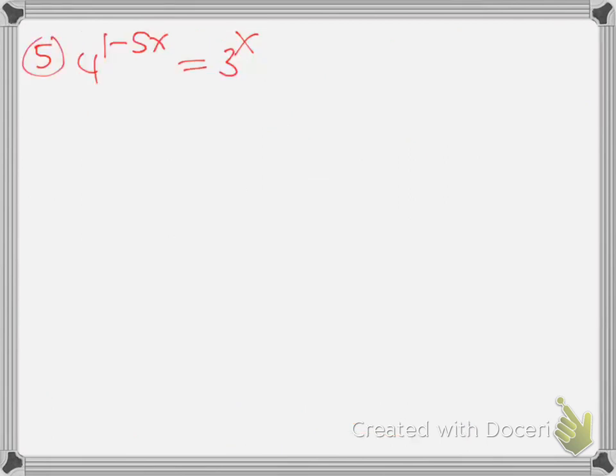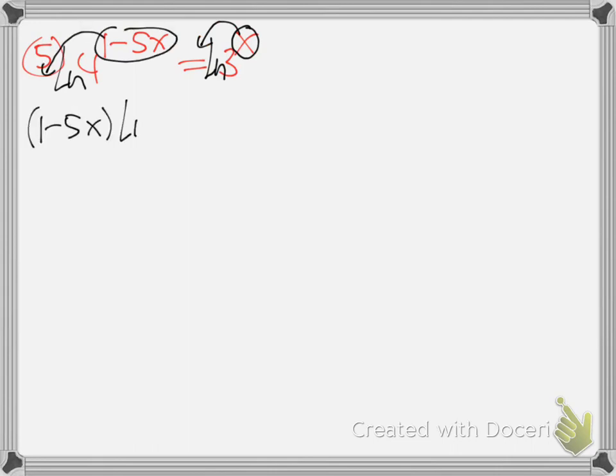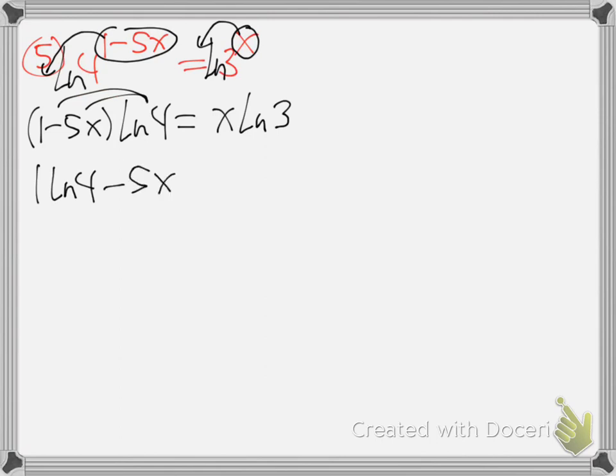Okay, so this one we have x in the power zone, and so what I'm going to do is take ln of both sides, and that lets the power come down. So 1 minus 5x ln 4 equals x ln 3. So the powers come down when you do the natural log of both sides. Then distribute. So 1 times ln 4 minus 5x ln 4 is x ln 3.